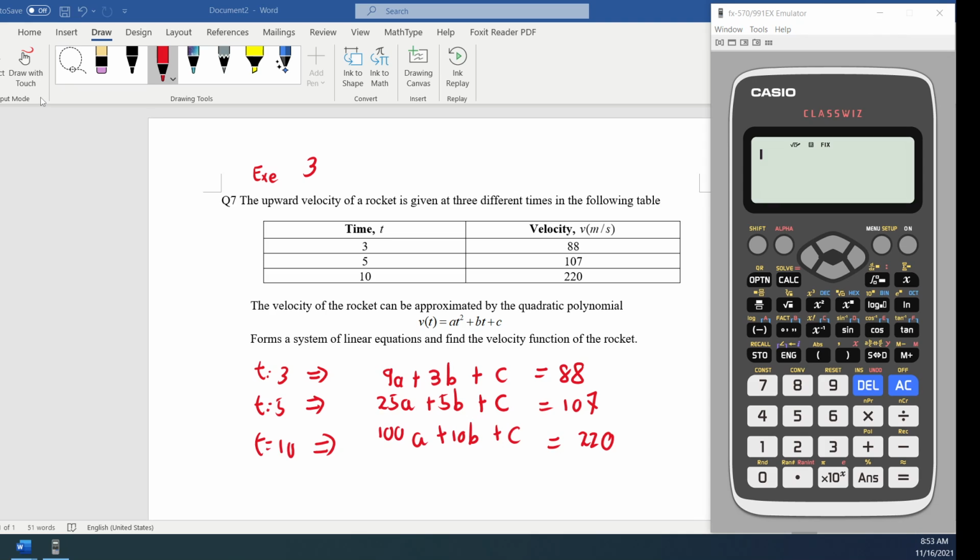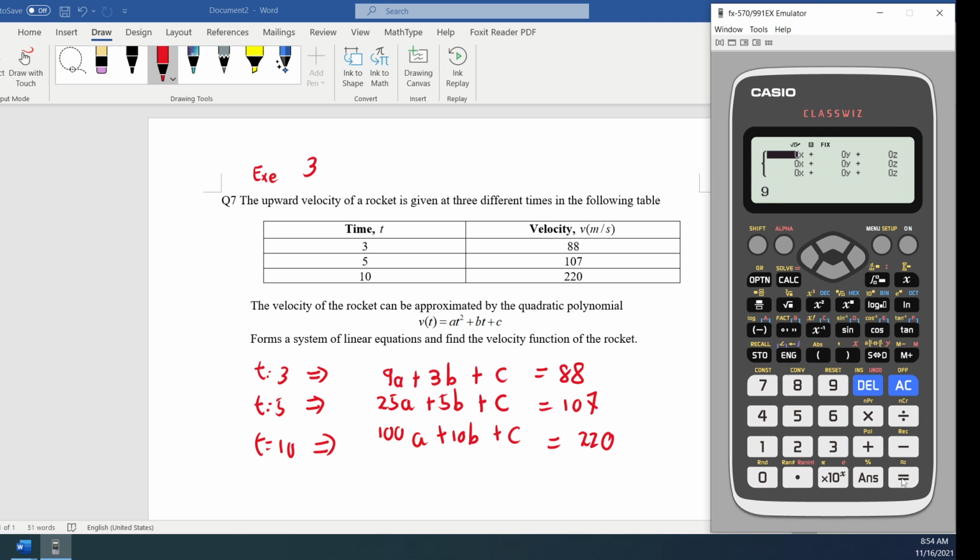So you may directly use the scientific calculator in the equation mode, simultaneous equation. This model can solve up to 4 simultaneous linear equations. Here we have 3, so you pick 3.